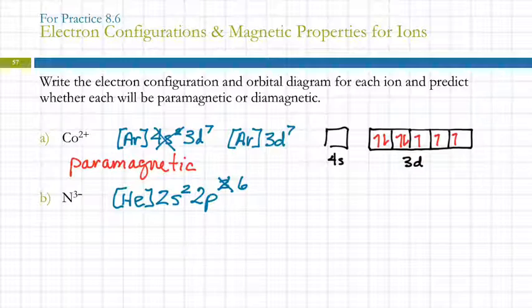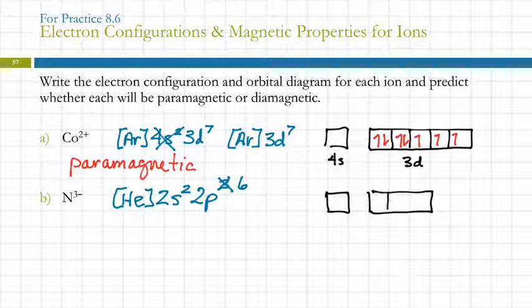So let's draw this. Here's 2s and 2p. The s has 2 electrons, and the p has 6: 1, 2, 3, 4, 5, 6.